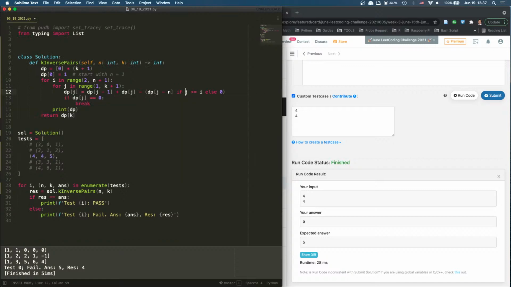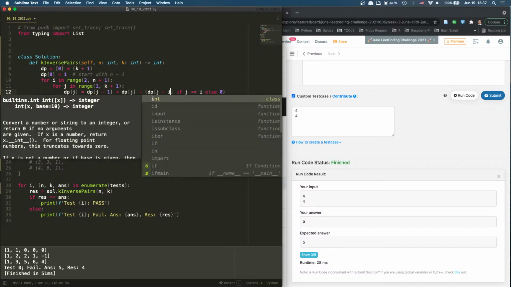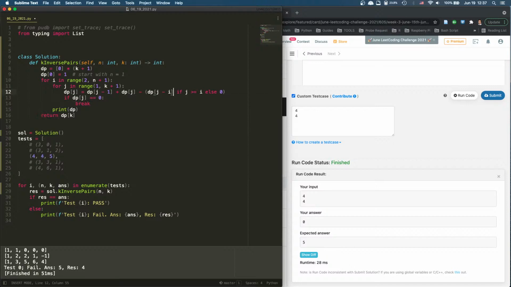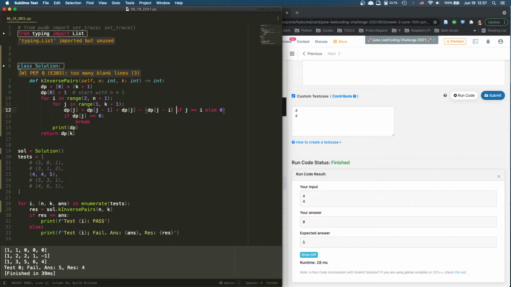No, it's j minus i, right? Yeah, it's j minus i. So i is 2, so j minus i, if j is larger or equal to i. This gives us 1, 1. 1, 1 is correct. 1, 2, 2, 1 is correct, but this is not correct.